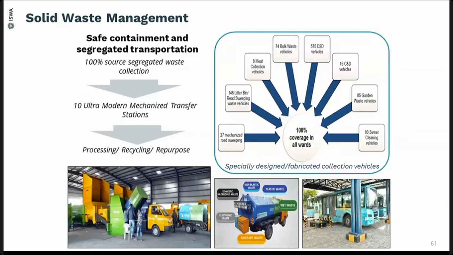See, basically, if I talk about the segregation, we had an area specific plan: how many vehicles will be required, how many units there will be, how many trips will be taken. So we defined a route plan for our vehicles, and our driver and helper are accompanied by a volunteer of an NGO which is impaneled with Indore Municipal Corporation.